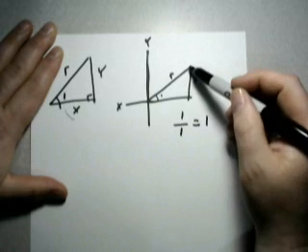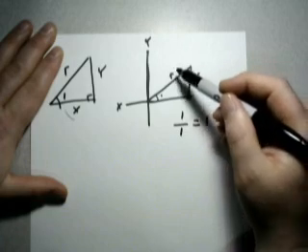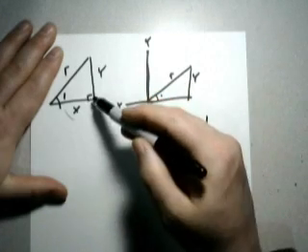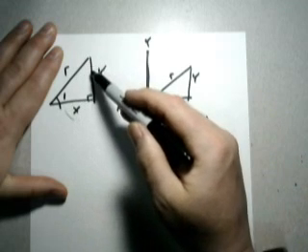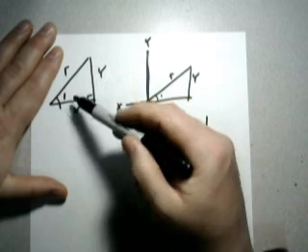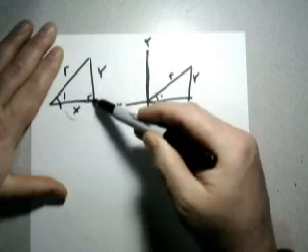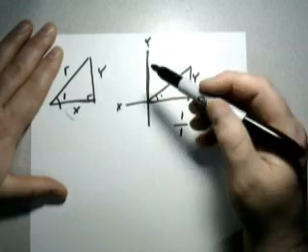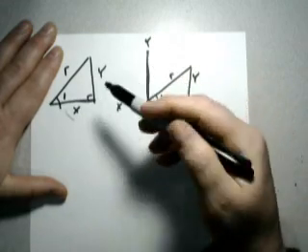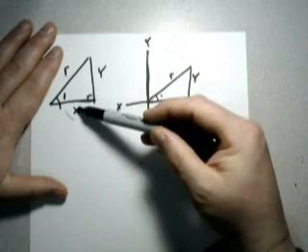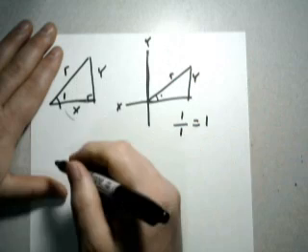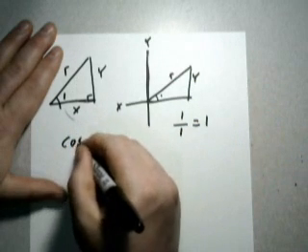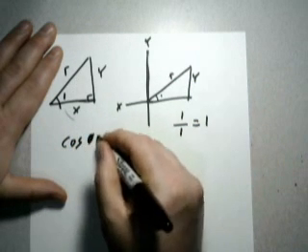Now, if it went the other way, if it went down, when x is equal to r, that means that the angle would be down here, and the angle would be 0 because it would lie flat on that. And so the cosine deals with the adjacent and the hypotenuse. So the cosine of 0 degrees is equal to 1.